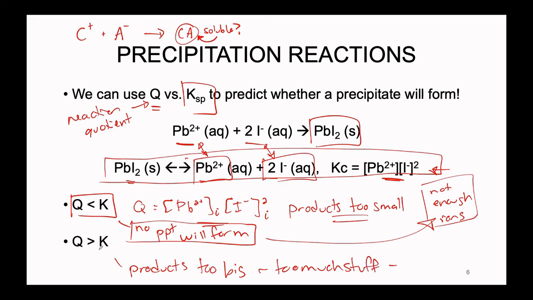So if your Q is greater than K, if your reaction quotient is greater than your equilibrium constant, then a precipitate will form. The reaction will have to shift away from the products, and if it does that, it's going to shift towards the reactant, which in this case is a solid lead iodide, meaning that we would see some type of precipitate form.